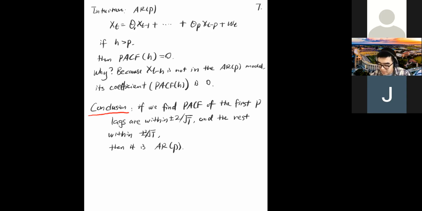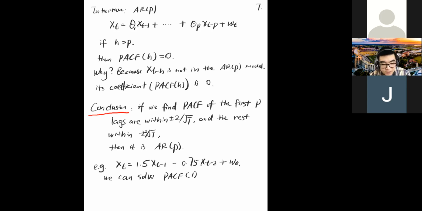Let me do a quick example and end today's class. For example, let xt equal 1.5 xt minus 1 minus 0.75 xt minus 2 plus wt. We can solve: PACF 1 is equal to 0.86, PACF 2 is equal to negative 0.75, and PACF h is equal to 0 for all h greater than 2.